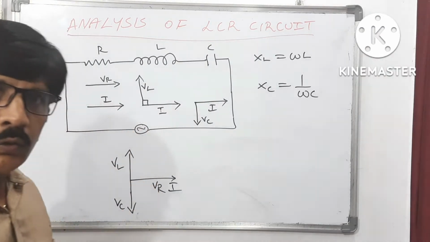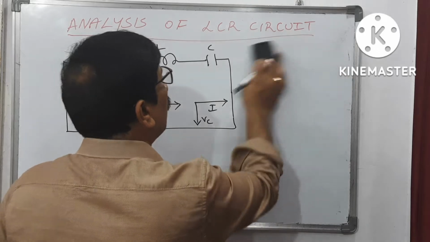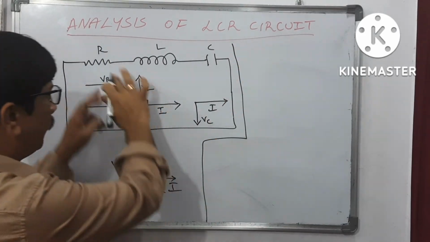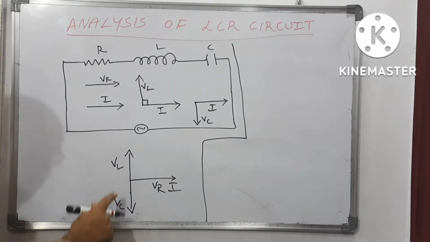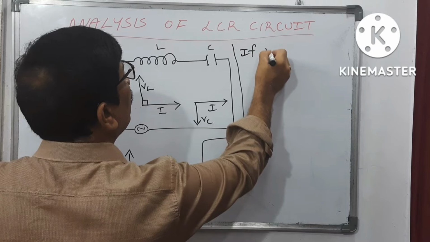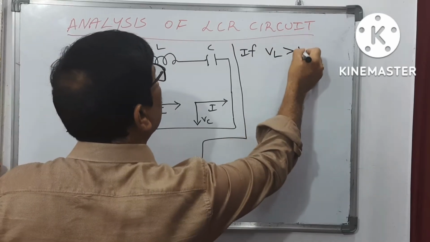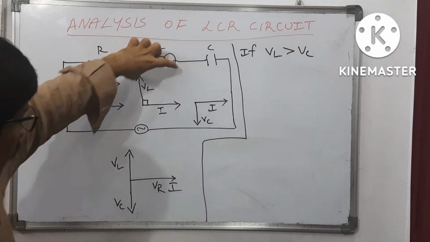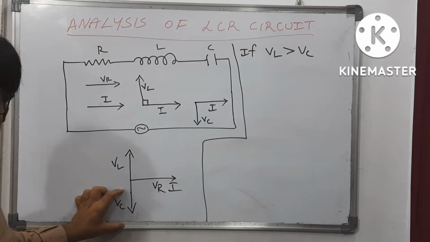Now our goal is to find out the impedance of the circuit. Impedance means effective resistance of the combination of these three. For example, if VL is greater than VC, voltage across the inductor is more than the voltage across the capacitor.